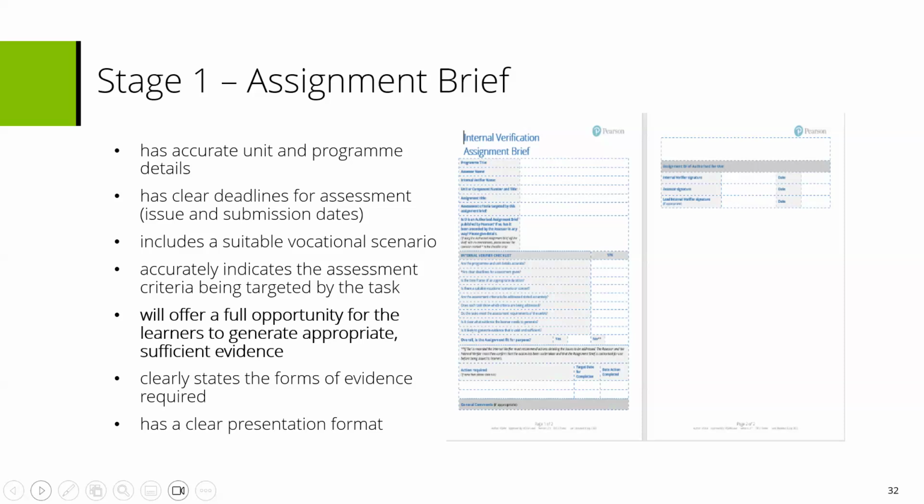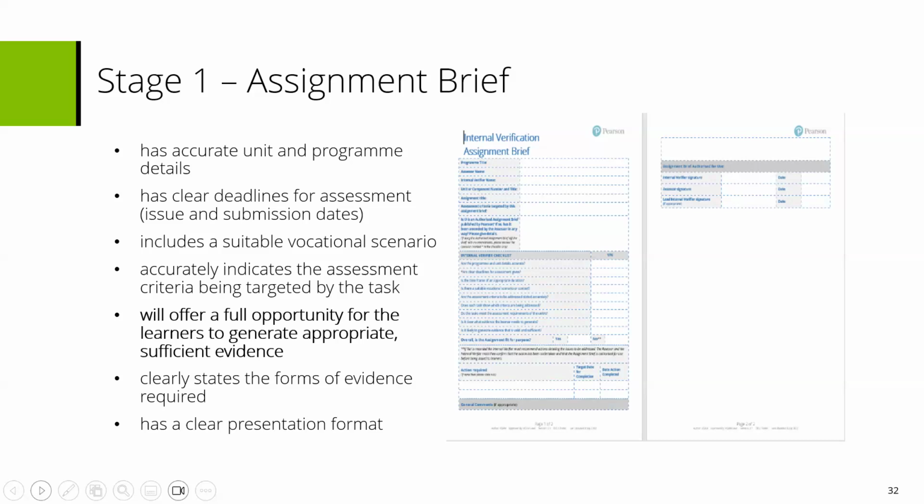Does it include a suitable vocational scenario? Does it accurately indicate the assessment criteria being targeted by the task? Does it offer a full opportunity for the learners to generate appropriate and sufficient evidence? Does it clearly state the forms of evidence required? And does it have a clear presentation format?